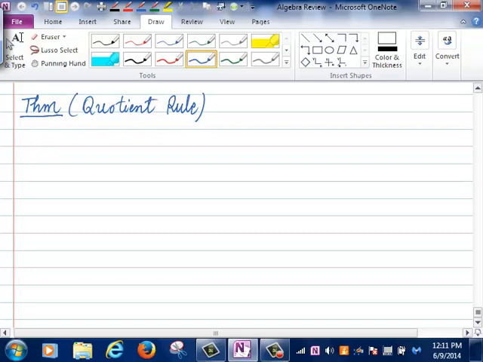We looked at the sum and difference rule. We looked at the product rule. Now we are looking at the quotient rule. So this is the rule on finding the derivative of a quotient. So let's say I have the derivative of f of x divided by g of x. How would I find the derivative of a quotient like this?